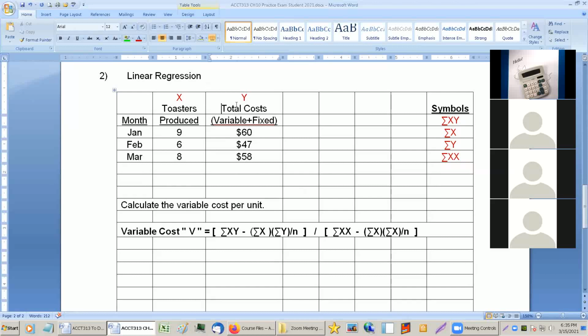Sometimes it's hard to know what you're trying to explain. In this case, we're trying to say, okay, we want to know how much of this is variable, how much of this is fixed. That's really all we're trying to explain. So the Y is what we're trying to explain, and we use the X's to help us in that respect.